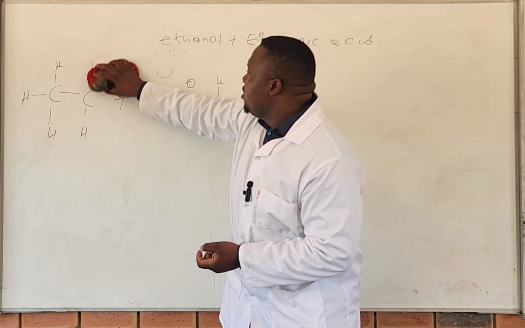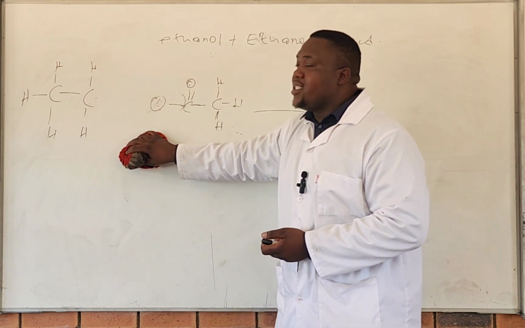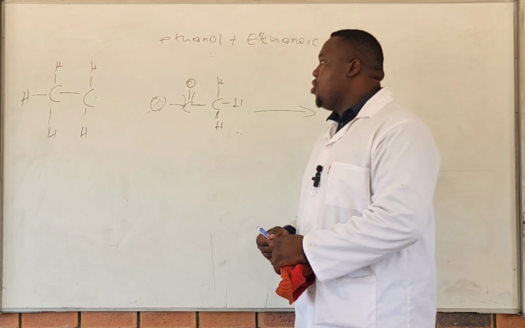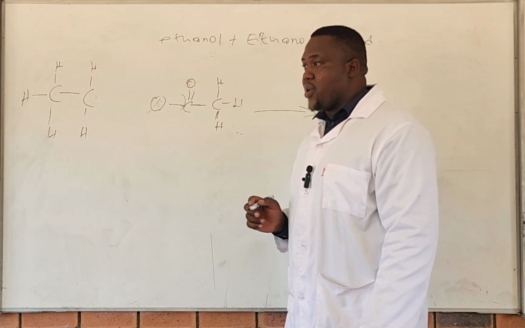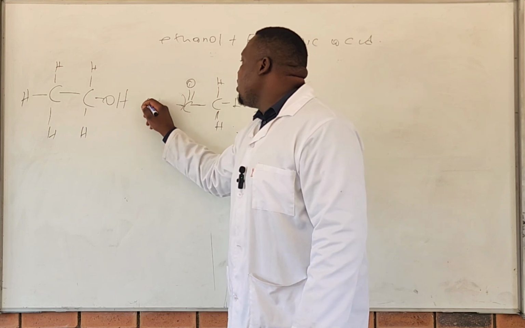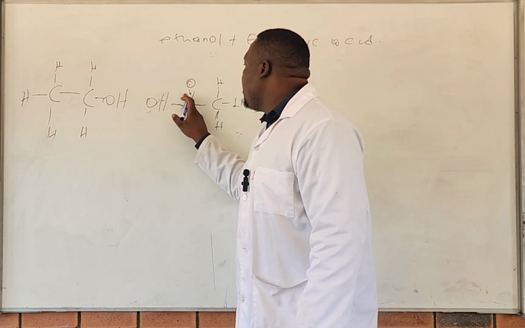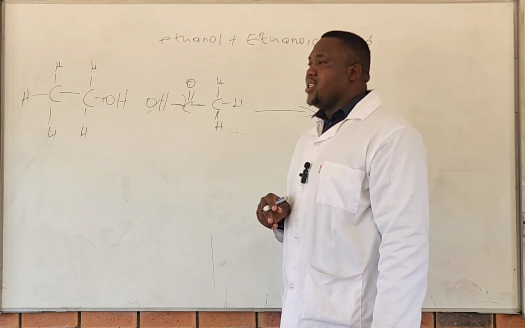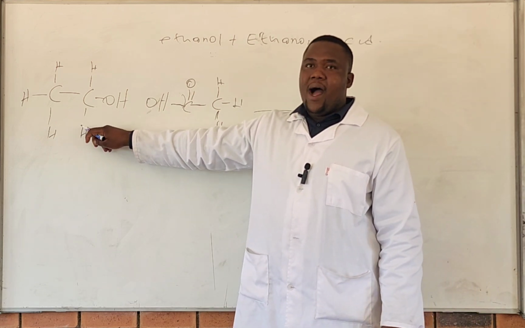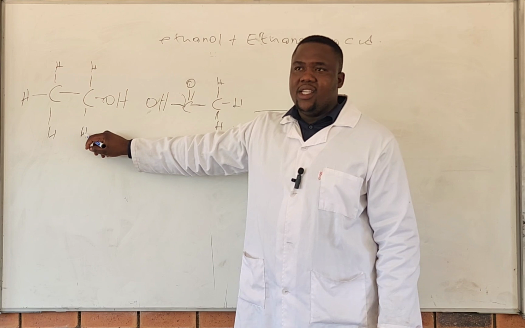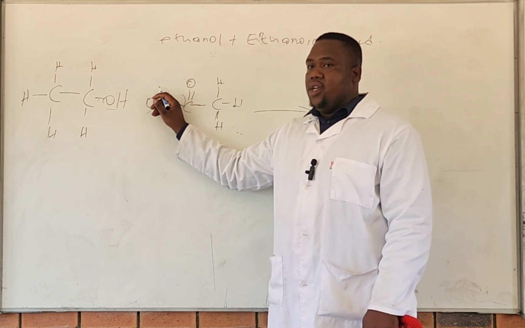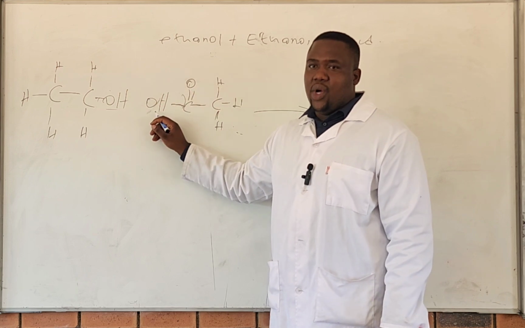So that's what happened. Ladies and gentlemen, what I did was for the sake of making a demonstration for you. You must not do it when you write in class. The OH must remain here, and the OH for this side must remain there. So I did what I did to show you and demonstrate to you. But notice that the alcohol is going to lose its hydroxyl group, its OH, and the carboxylic acid is going to lose its hydrogen.